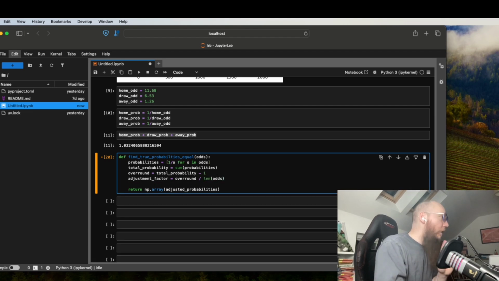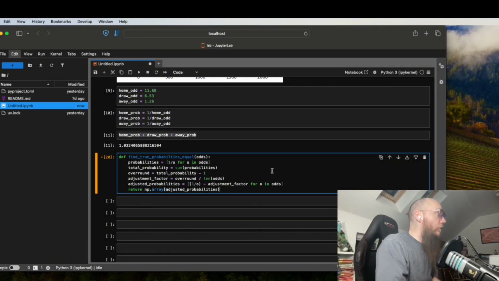Once we've done that, we can figure out what our adjusted probabilities actually are. So adjusted_probabilities equal, I'm furiously reading my notes because this is a reasonably nested thing to be doing, 1 over O minus adjustment factor, for O in odds.